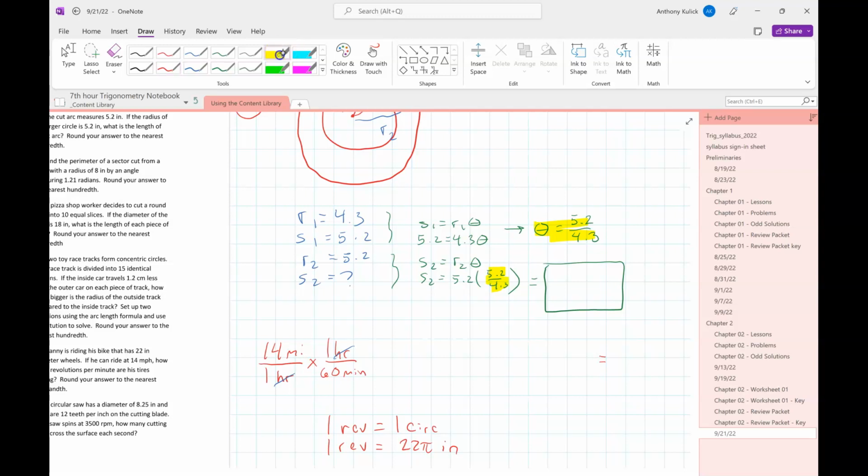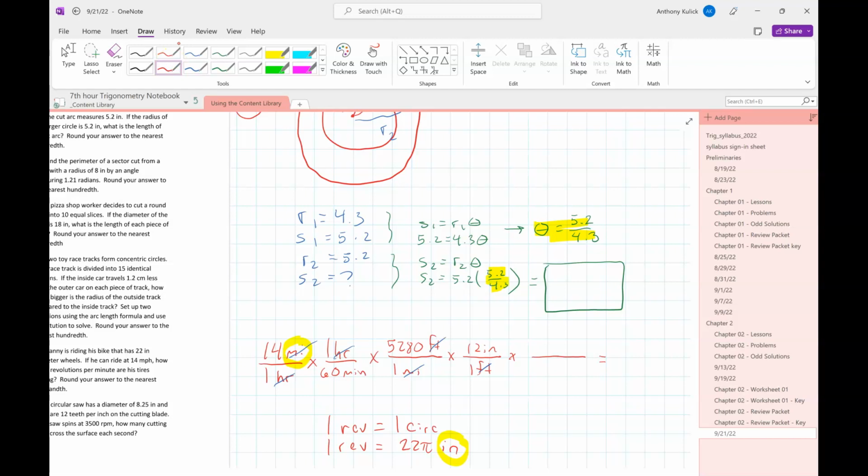The problem, though, is that my unit for distance is in miles, not inches. So before I can apply that conversion factor, I got to convert miles to inches. Well, I remember that 1 mile is 5,280 feet. And I remember that 1 foot is 12 inches. And now I've converted miles to inches.